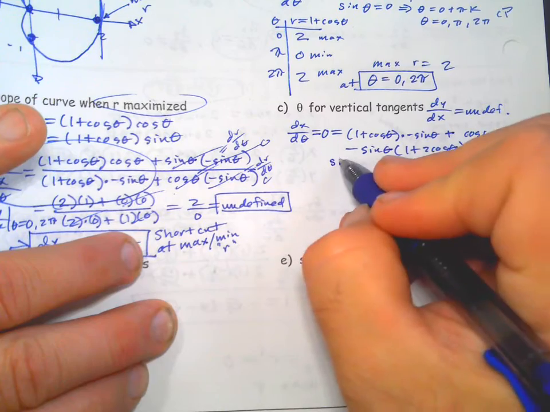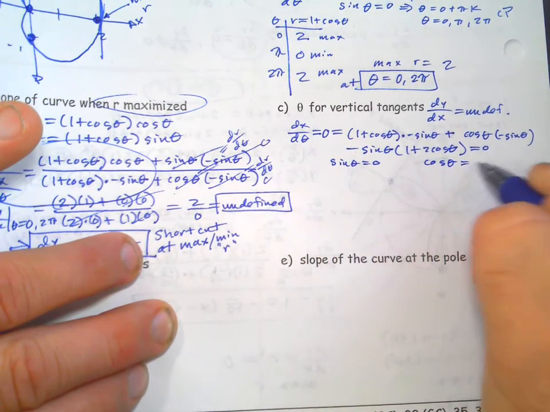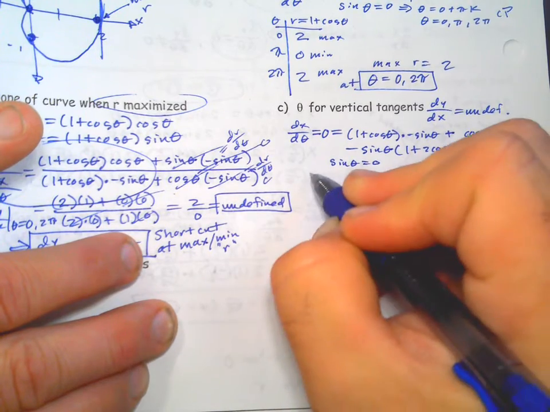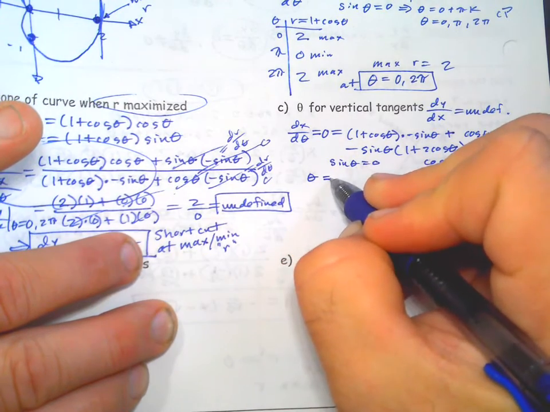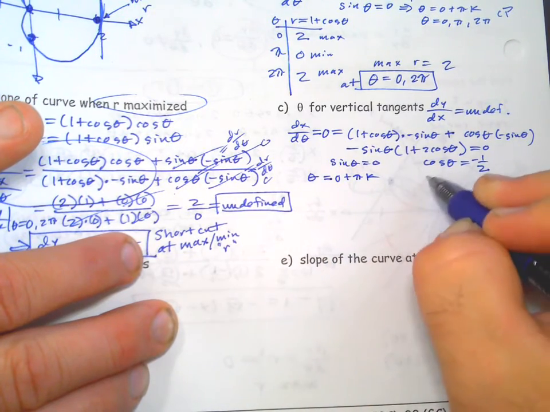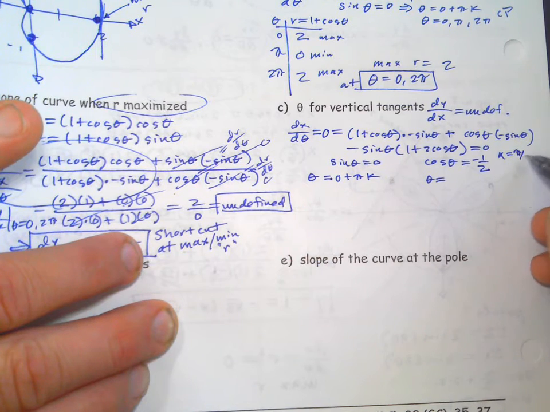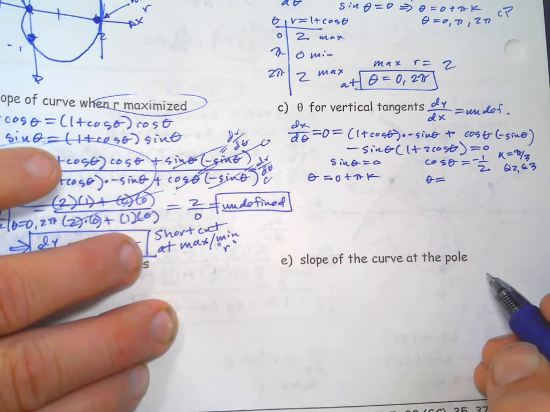So it's going to be when sine theta equals 0 and when cosine theta equals negative 1/2. Sine equals 0 when theta equals 0 plus pi k. And this is going to be reference angle pi over 3, quadrants 2 and 3. And now look at our picture.